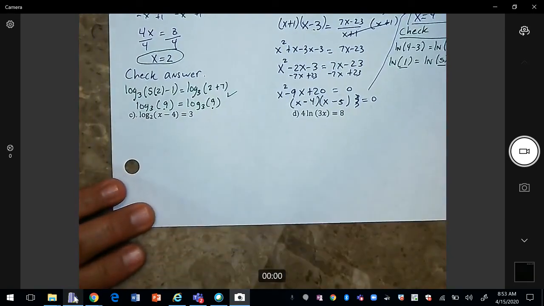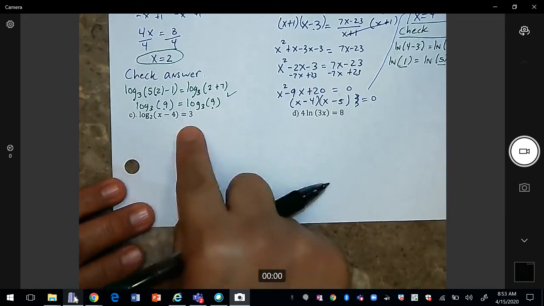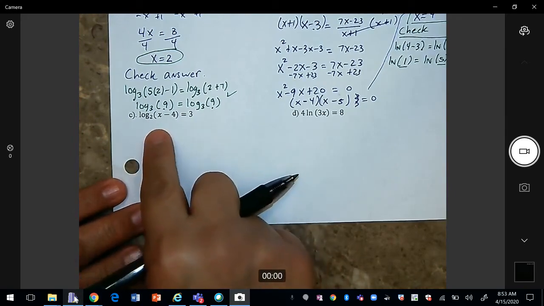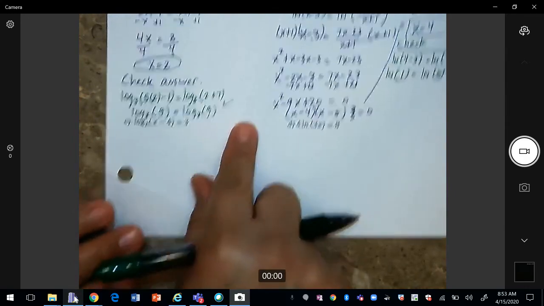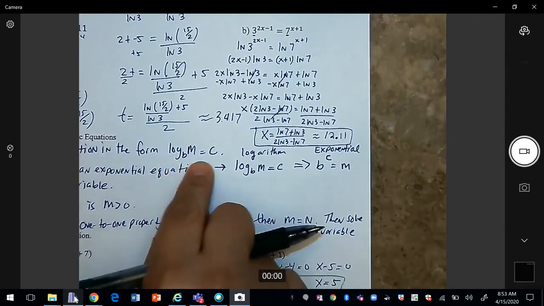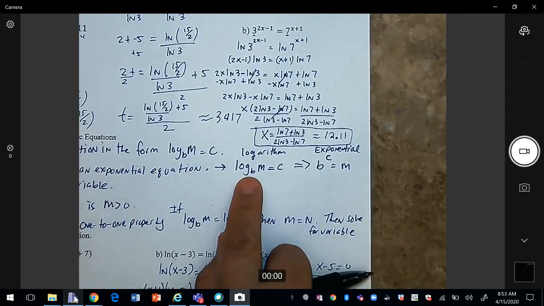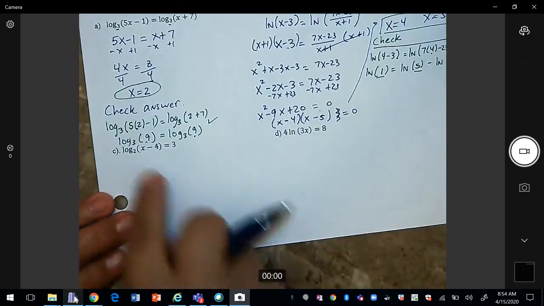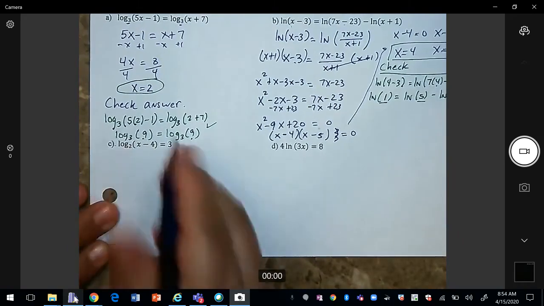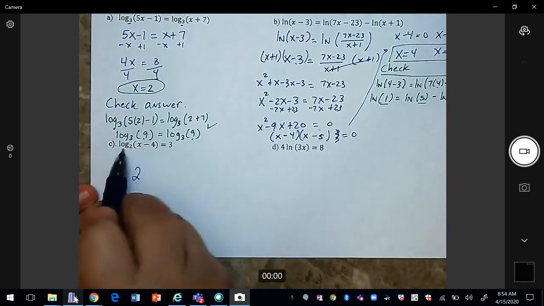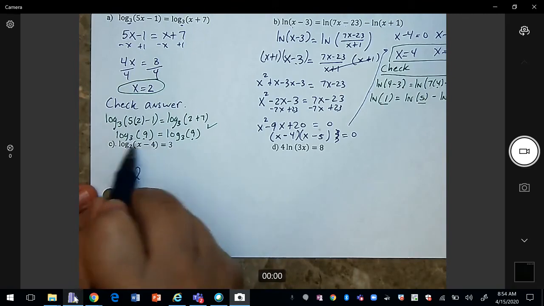Okay, let's try letter C. Notice here I don't have two logs, so I cannot use the one-to-one property. However, this looks exactly like this form, so I'm going to go ahead and change it to exponential. My base here is 2. The log is always equal to the exponent, so this log is equal to 3.